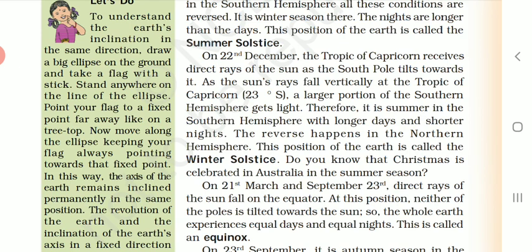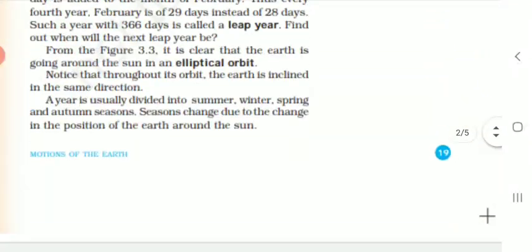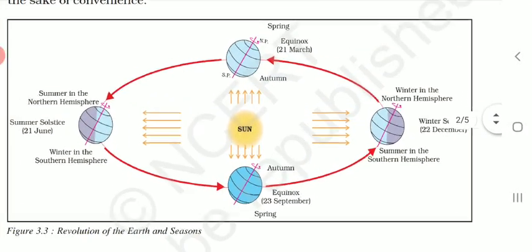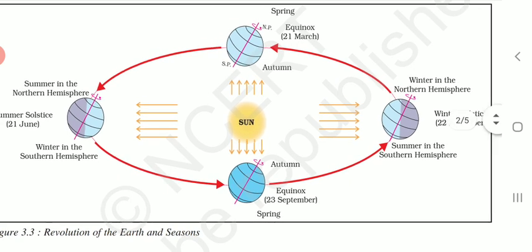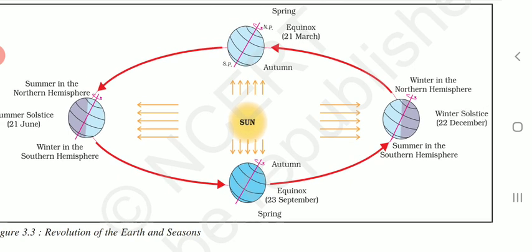We are moving ahead. So in this way we have seen how throughout the year the seasons are changing, as well as the different days that are important. On 21st June there is summer solstice. On 22nd December there is winter solstice. On 21st March, as well as on 23rd September, there is equinox.